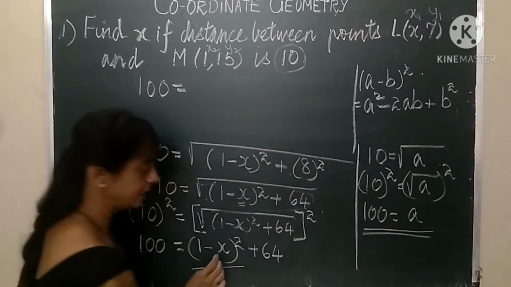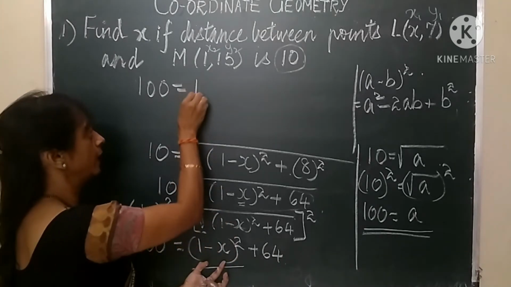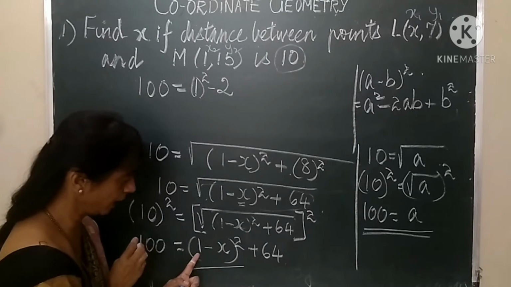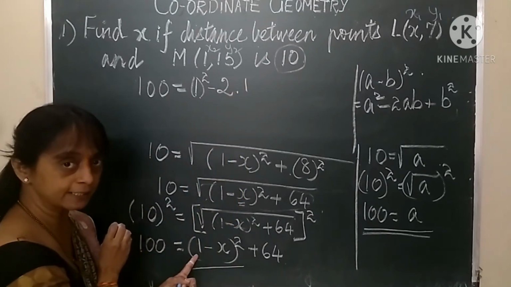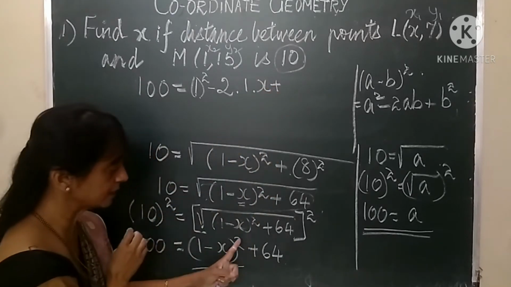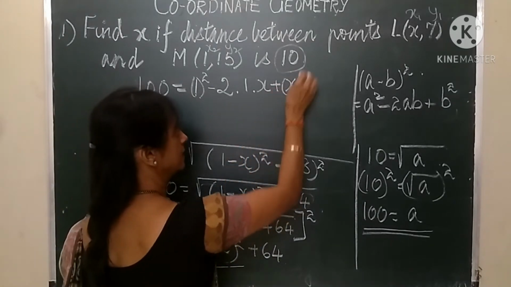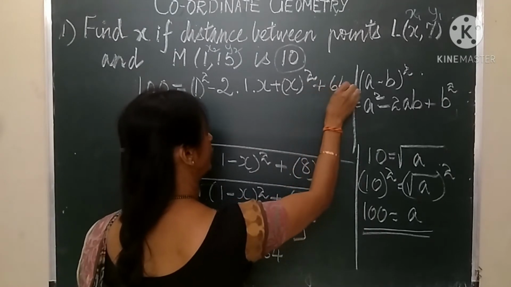So let's apply it for the first binomial square over here. A square will be 1 square minus 2 into a into b. 2 into a, that is 1, into b, that is x, plus b square. What is b over here? It is x. So x square. Let's not forget plus 64.